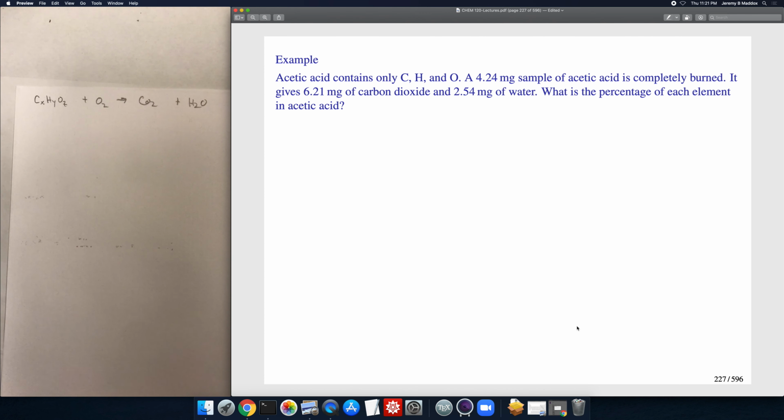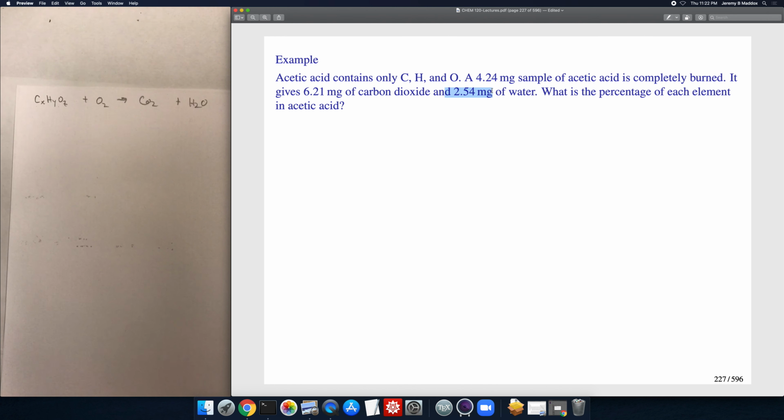Now, that CO2 and water are collected, and it's found that a 4.24 milligram sample of acetic acid produces 6.21 milligrams of carbon dioxide and 2.54 milligrams of water. We're being asked to calculate the percentage of carbon, hydrogen, and oxygen in the original compound.